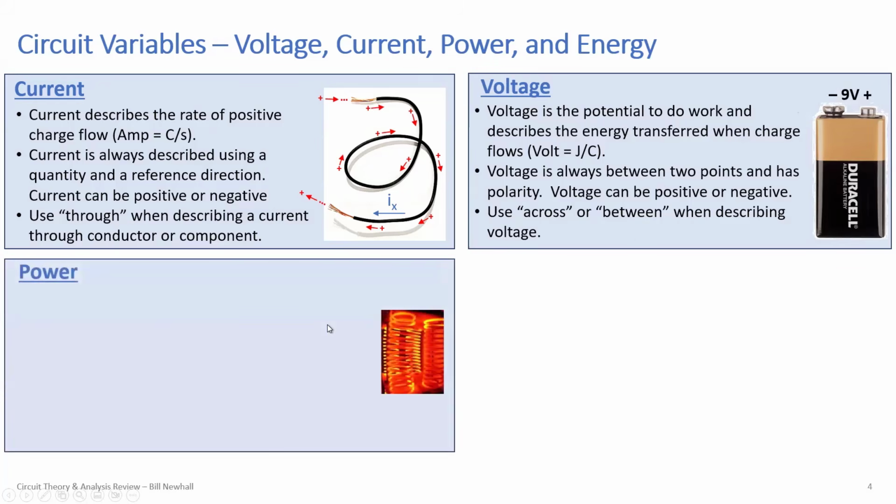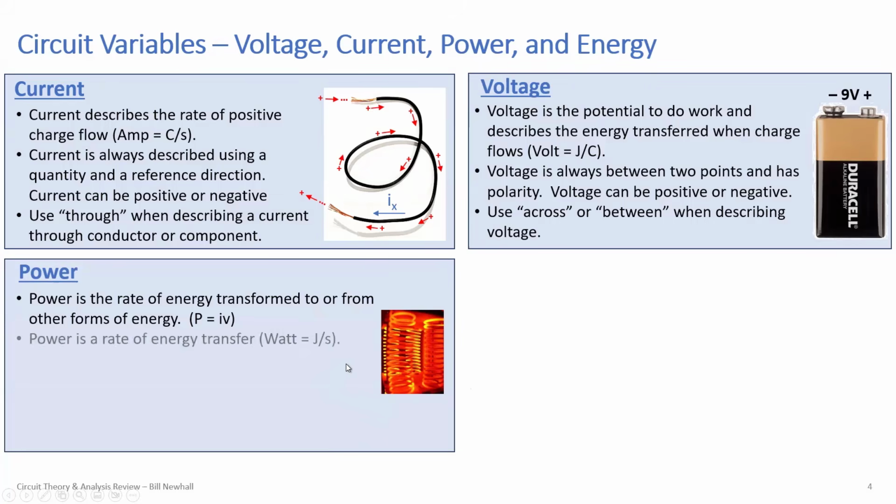Okay, power. Power is a rate of energy transferred. It's the rate of energy transformed to or from other forms of energy. So we're not creating or destroying energy, but when you take the energy from a battery and heat a coil, you're transforming that chemical energy stored in the battery to energy that shows up as heat and light.